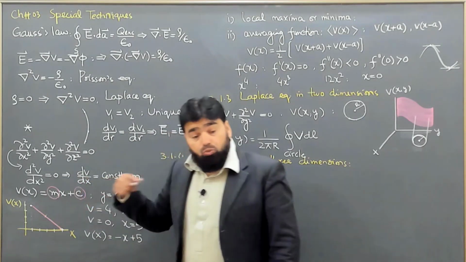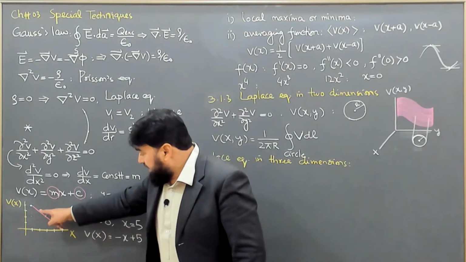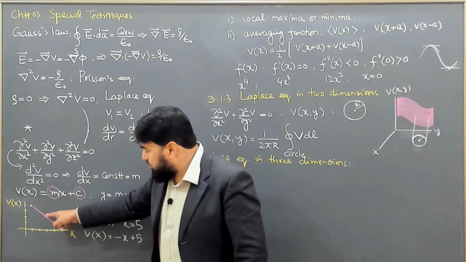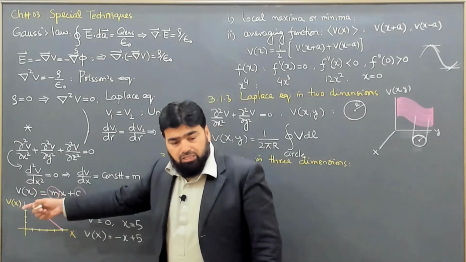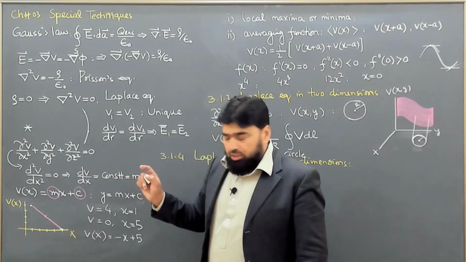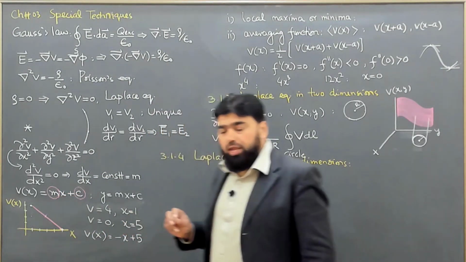If any local maximum or minimum did exist, the average value would shift from the center toward the maximum or away from the minimum. That's the reason that extreme values are at the endpoints.